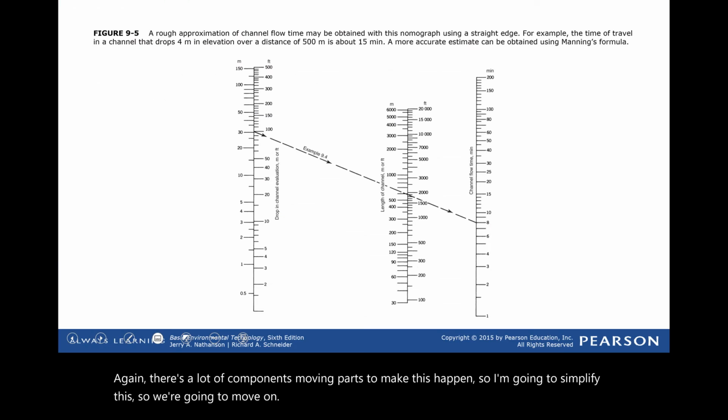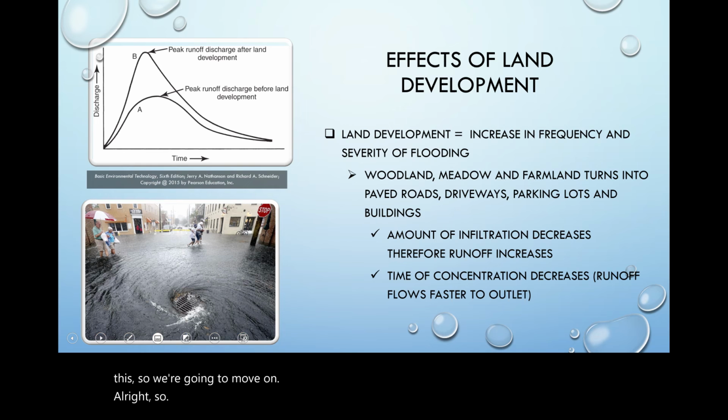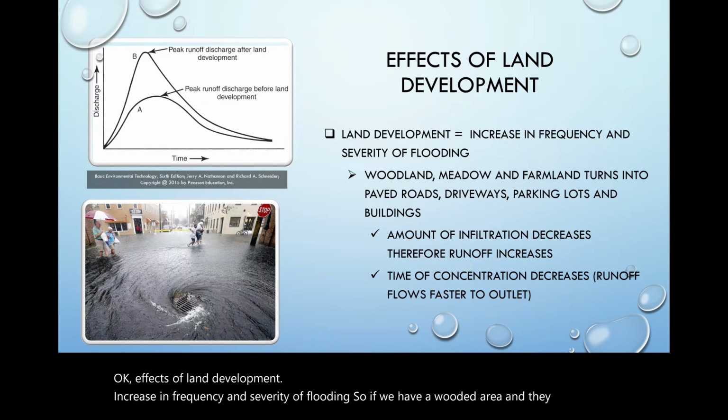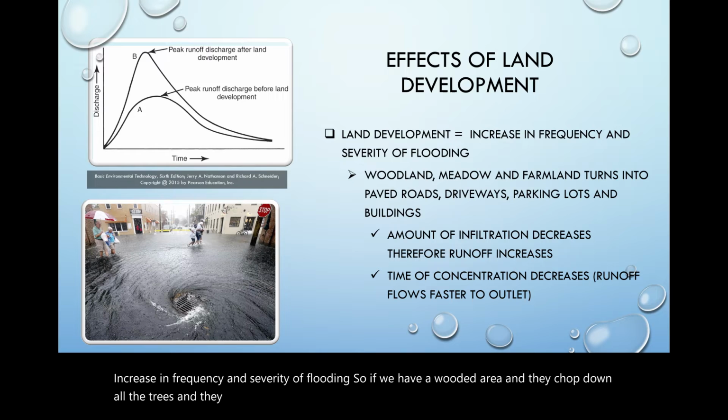All right, so, okay. Effects of land development. Increase in frequency and severity of flooding. So if we have a wooded area and they chop down all the trees and place asphalt pavement, we increase the frequency and severity of flooding. Woodland, meadowland, and farmland turn into paved roads, driveways, parking lots, and buildings.